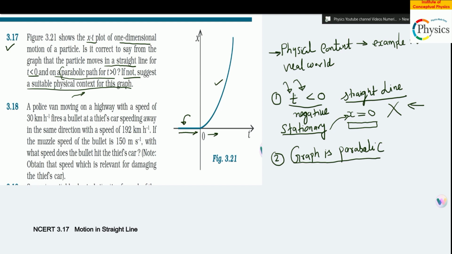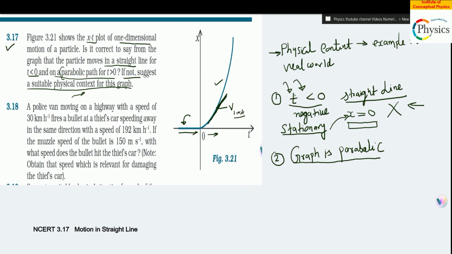Graph is parabolic. So let's say you have an x versus t graph. Let me draw a slope and say, okay, the slope of this line, what does it represent? It represents the instantaneous velocity, v1 instantaneous.